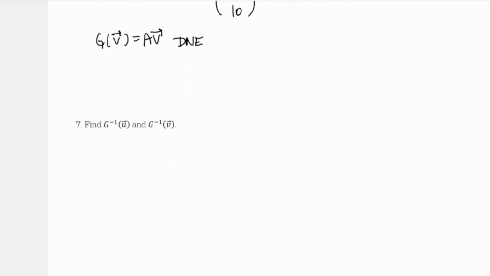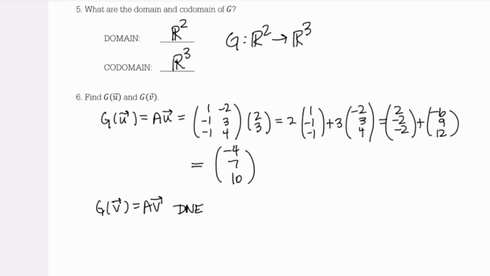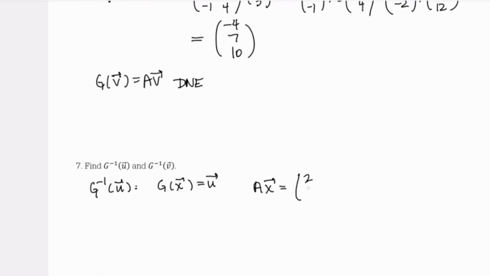All right, g inverse of u. That's where we're solving the equation g of x equals u. So that would be Ax equaling u, which was 2 and 3. If we're going to solve a matrix equation like this, we need to row reduce.